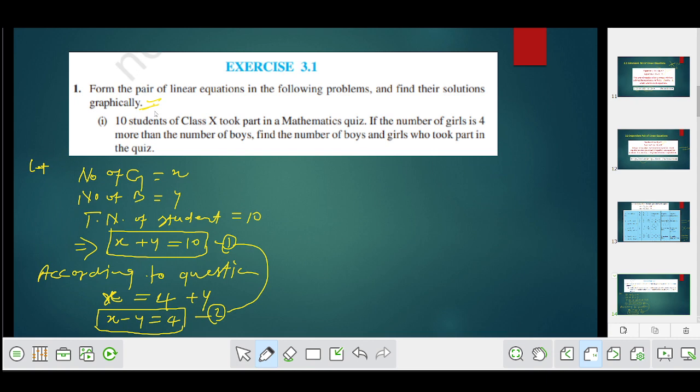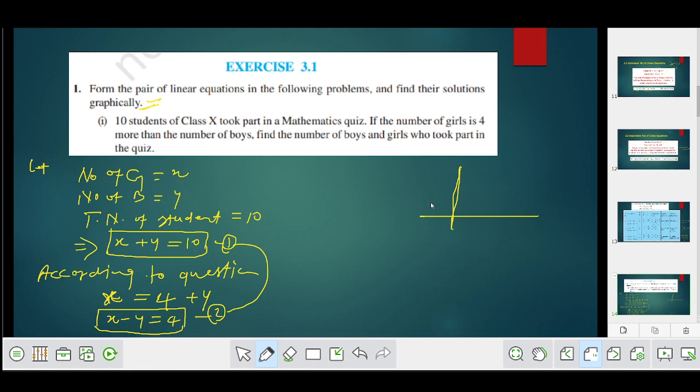So, we should draw a graph. Before drawing a graph, we should have information about the points, because if we have no information about the points, then we cannot draw the graph.